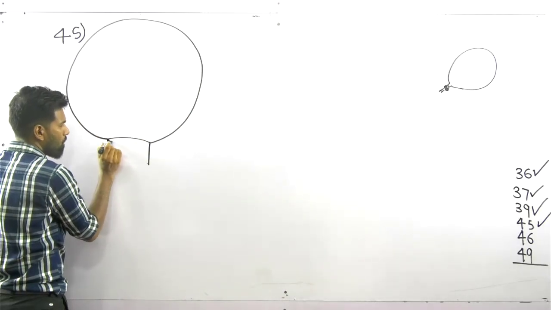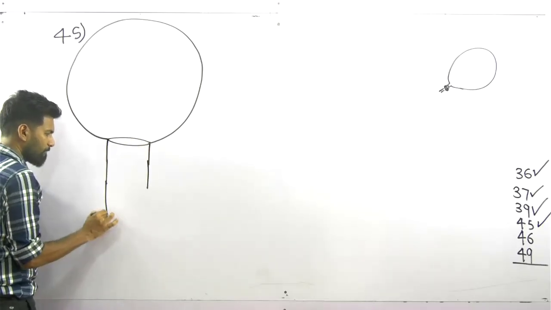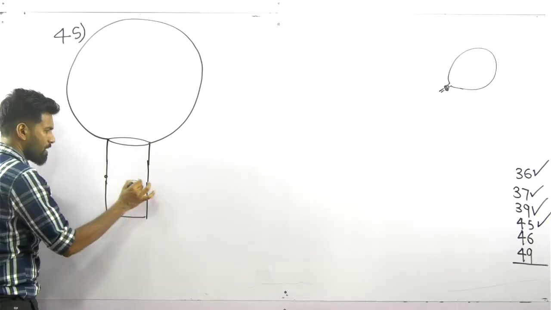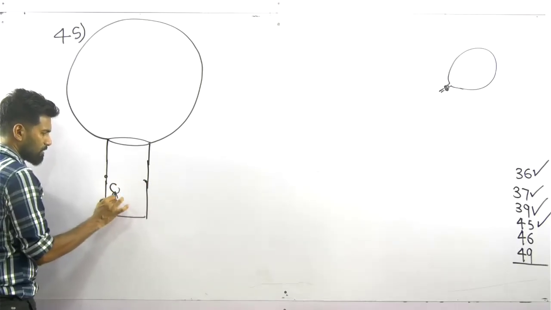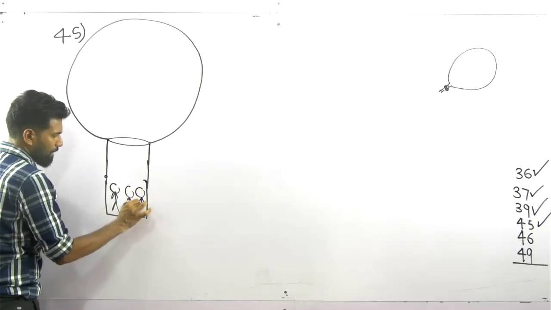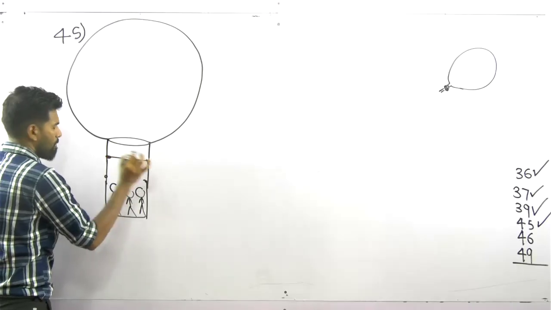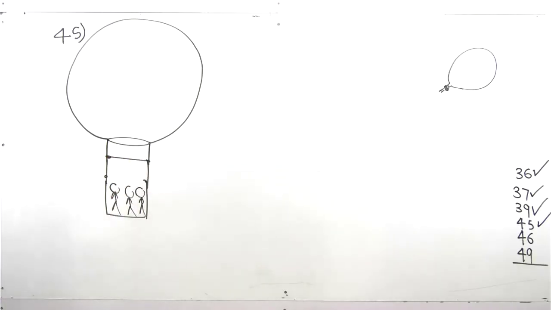You have a hole here. And you have the basket where the people can stand. And here you have a burner.